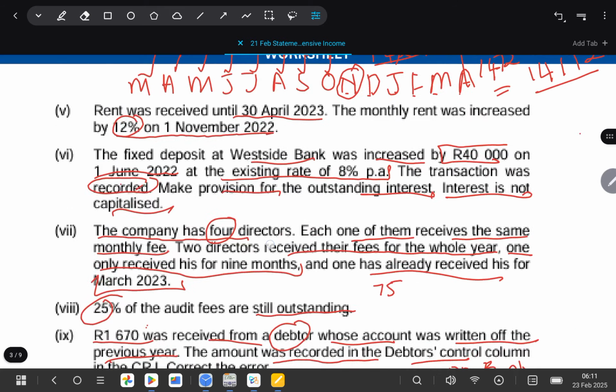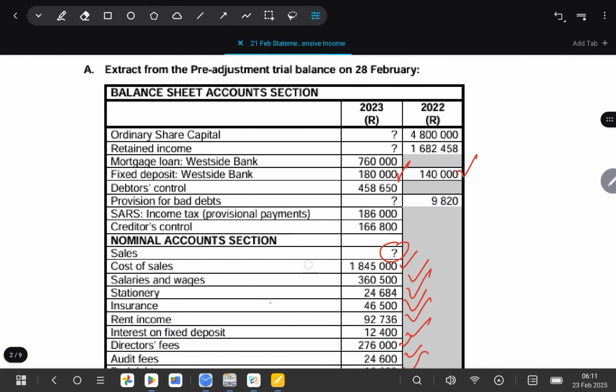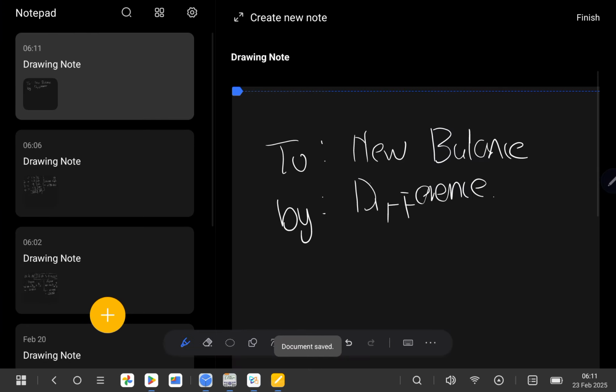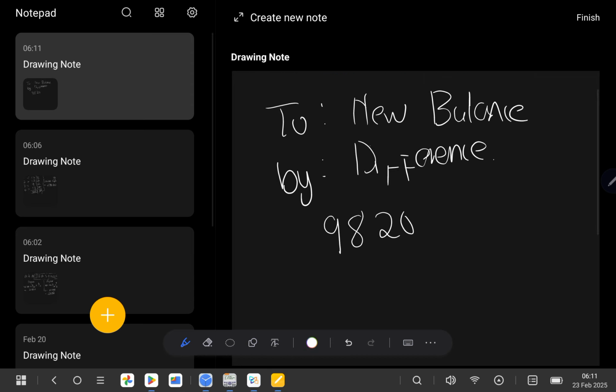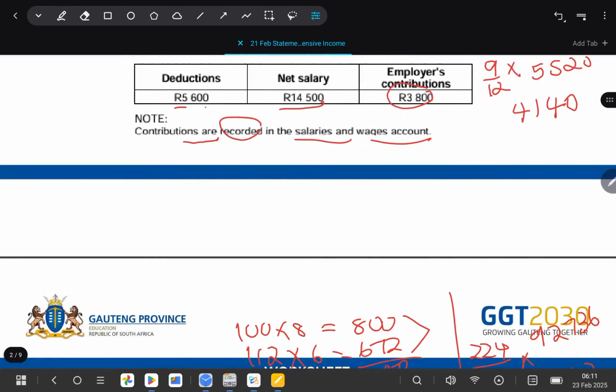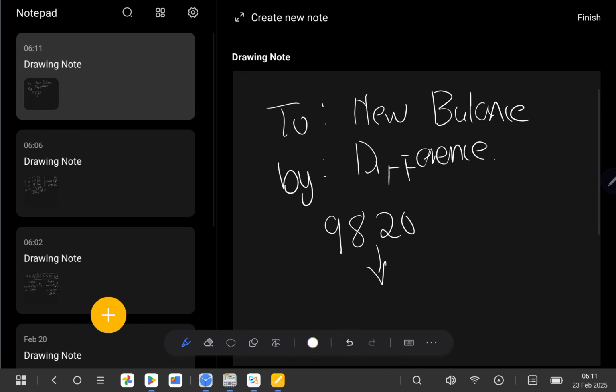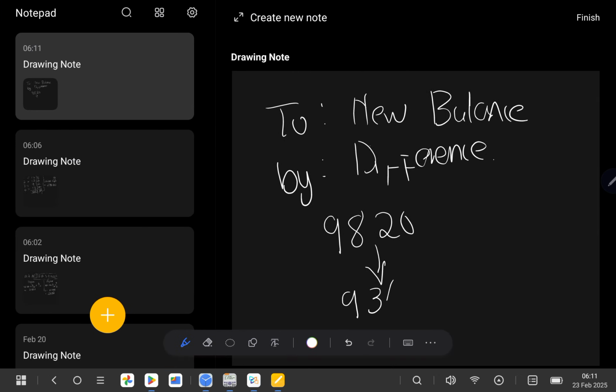Okay. So check where we are now. Our provision for bad debts for last year was 9,820. We are moving from 9,820 to 9,360. Now, here's what you need to know. If it decreases, you are going to record the difference under income.